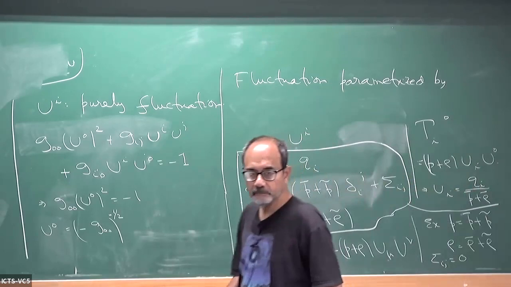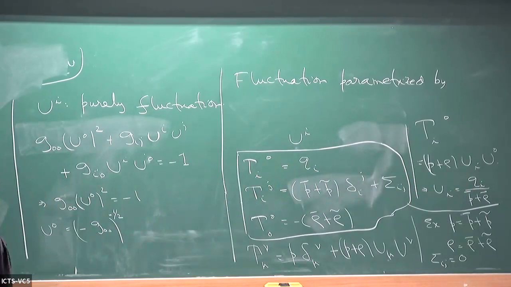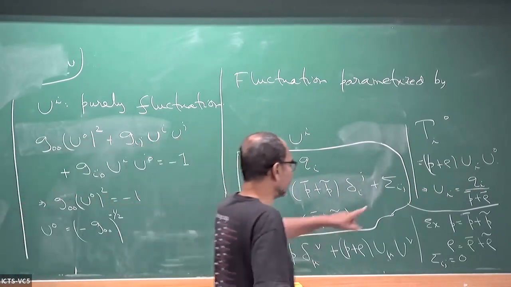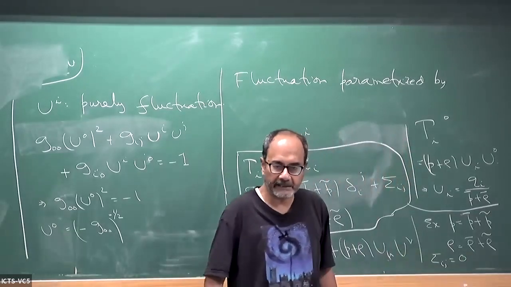This is an extra condition that you are imposing, that the energy momentum tensor has this perfect fluid form. What condition is it giving now? This is just a definition of Ui, it's not giving any condition. But sigma ij equal to 0 is a condition that it is giving.